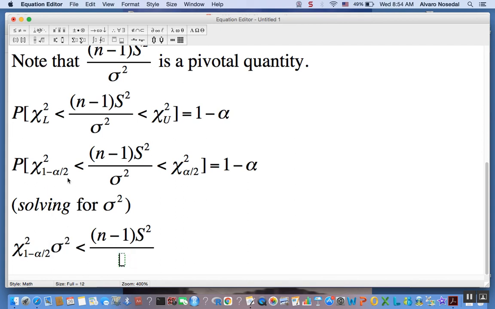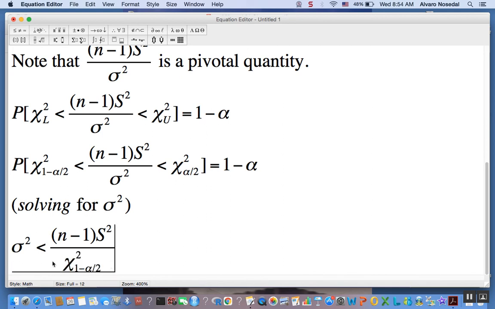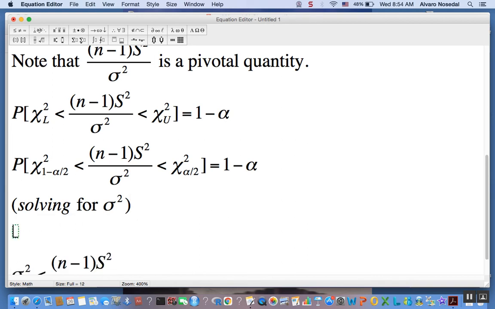If we multiply this first inequality by sigma squared, then if we divide by this guy on both sides, we end up with this. Make sense? Okay. Now, that's one side.